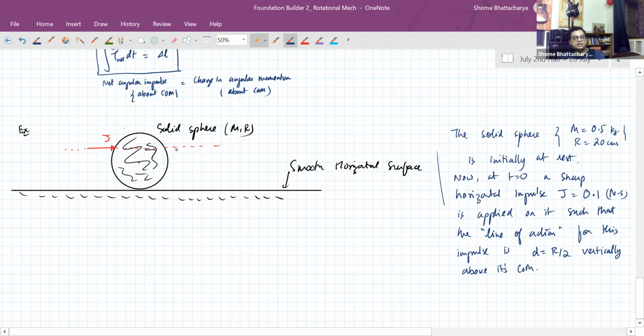Then this dotted line along which this horizontal impulse is acting is exactly vertically above the center of mass at a distance of r/2. So we want to find the velocity of the center of mass, the angular velocity about the center of mass, and the kinetic energy for the motion of the sphere after t equal to 0.